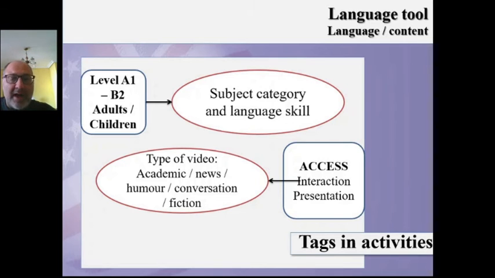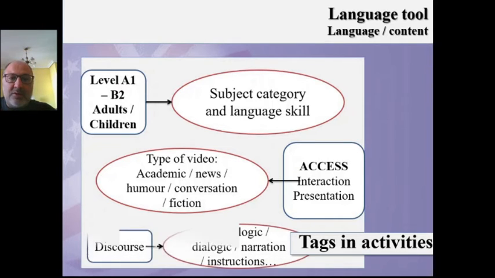They could be more academic, or it could be more conversational, or even more humor, more fun, etc. And also you can have more dialogues or more narration or more instructions, depends on the type of video that you watch with the activities.